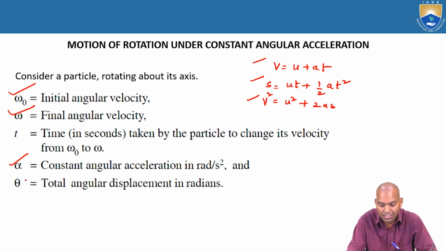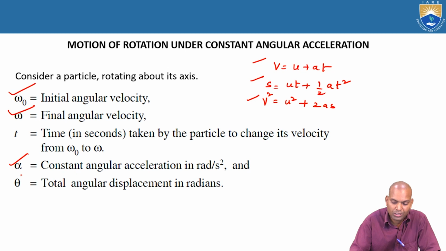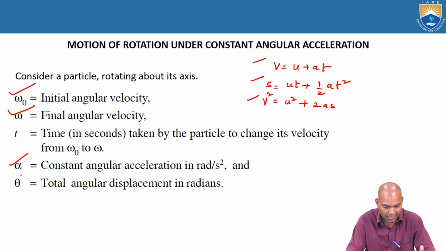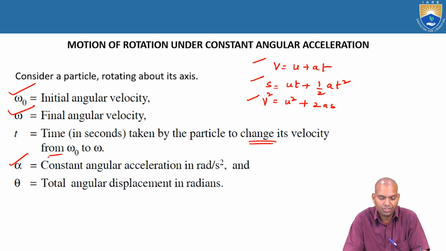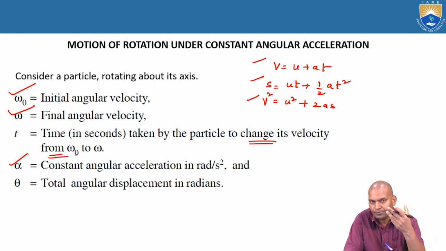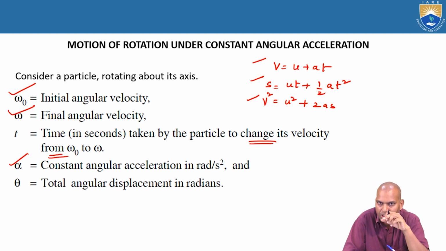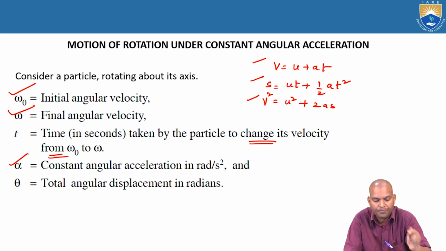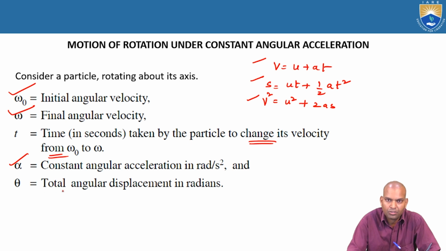The time t remains the same for both; it is the time taken by the particle to change its velocity from omega 0 to omega. And theta is the total angular displacement in radians.